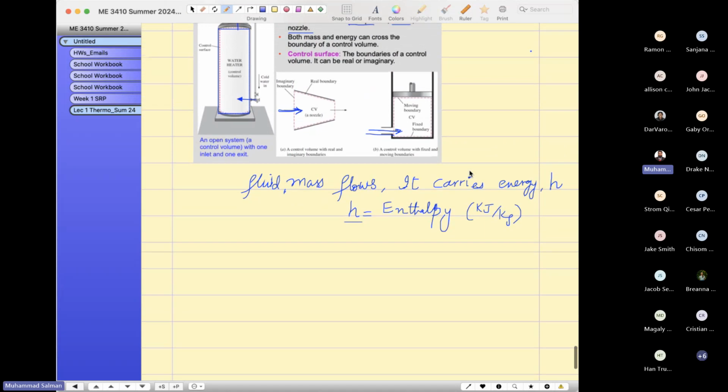When the fluid or mass flows, the energy has both: this is due to the molecules' internal energy, and this is the flow energy. You will study later on internal energy, enthalpy, and pressure times specific volume. Pressure times volume is a flow energy.